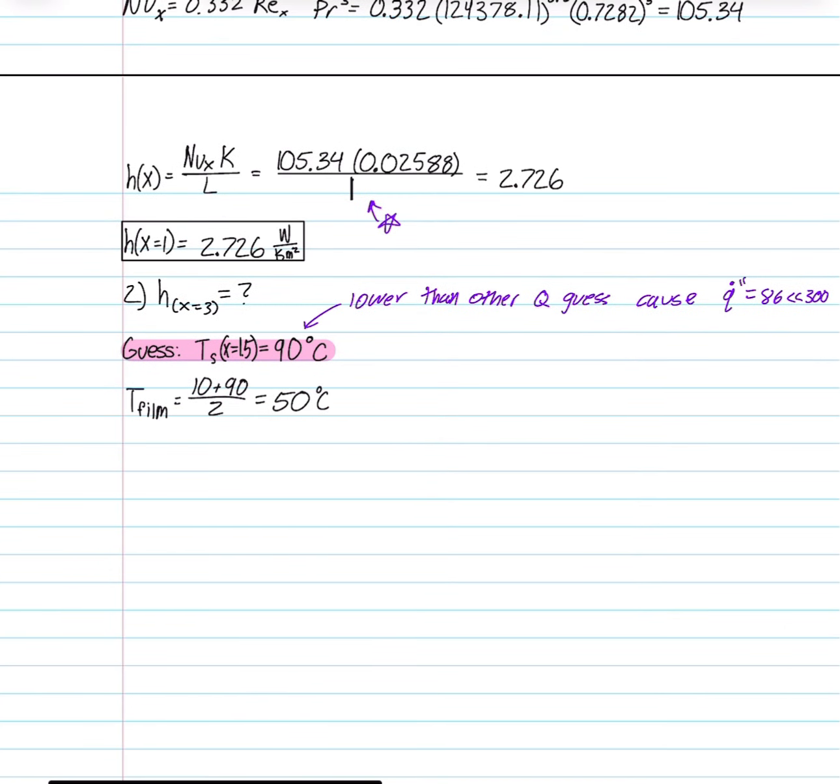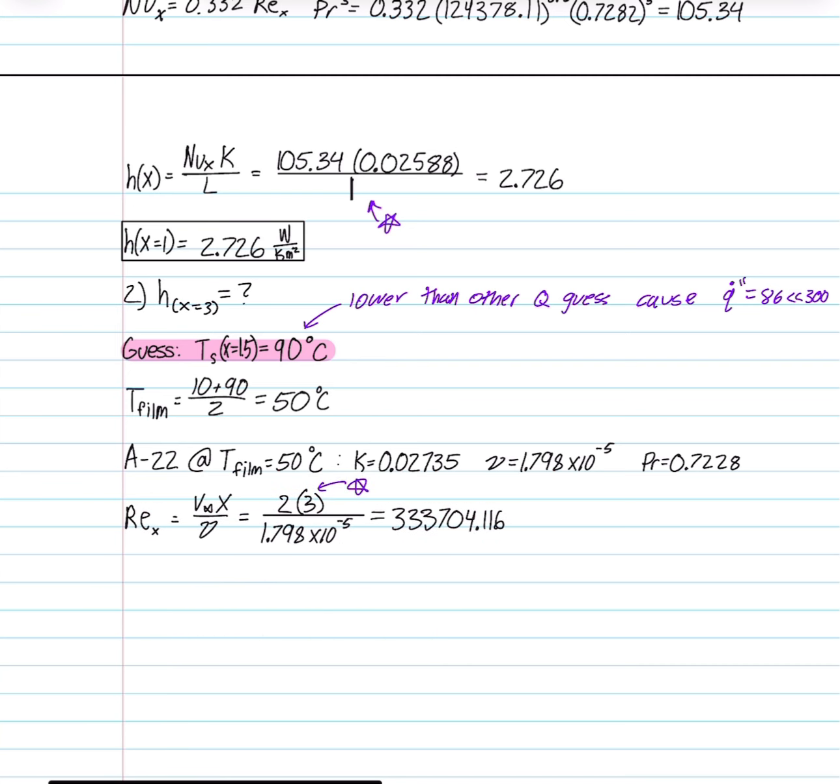So for this problem, we don't know the surface temperature, so we're going to make a guess, because for uniform heat flux, surface temperature is not constant, so you want to make it a guess, and they don't tell you what it is. So then you find T-film, you use T-film to find your thermophysical properties, then you use your thermophysical property nu to find the Reynolds number at 3.